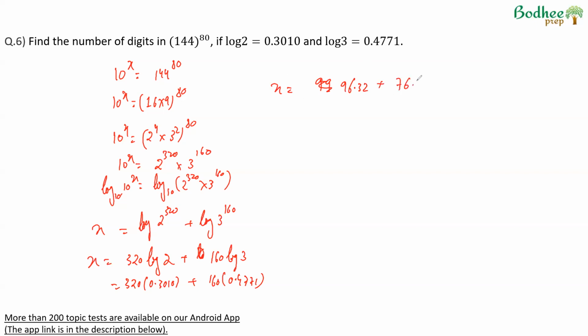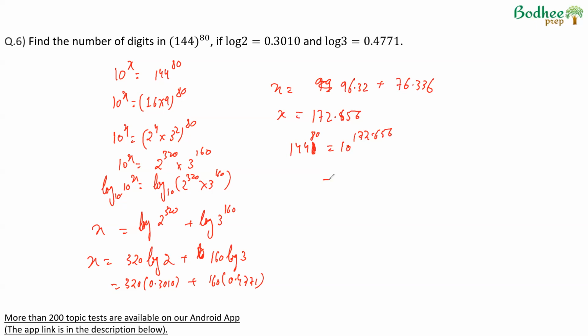I'm using the calculator for the second calculation. 76.336 plus 96.32 will give us x as 172.656. And therefore 144 raised to power 80 is nothing but 10 raised to power 172.656.